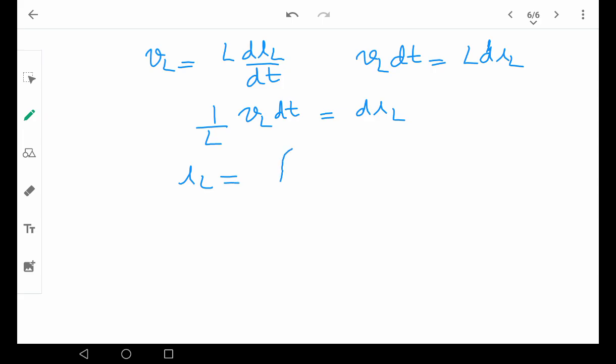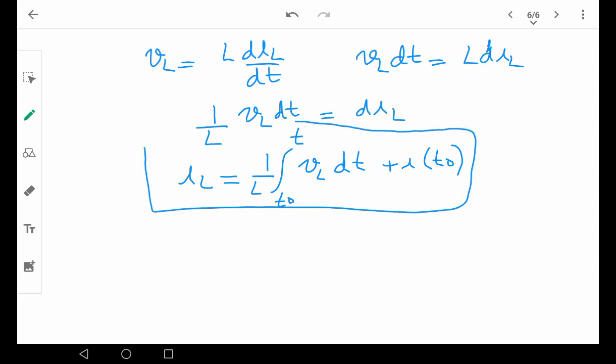It will be 1 by L, taking it outside, integral from some initial time t0 to t of VL dt plus an initial current I at t0. So this is the formula for finding the current in an inductance when you are given the voltage across the inductance and the initial current. You can find the current at any time t.